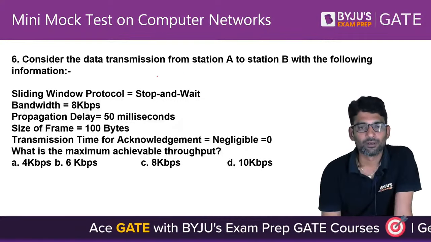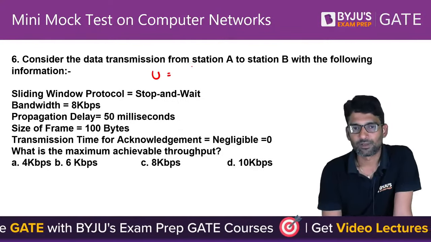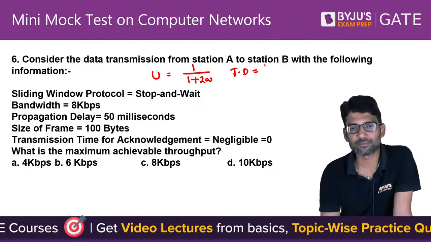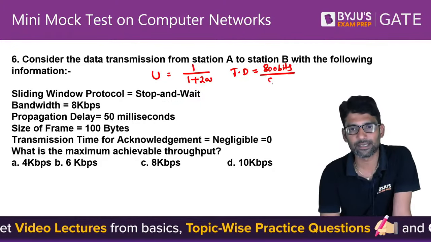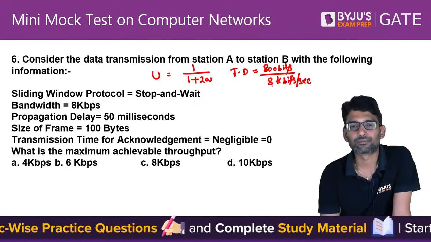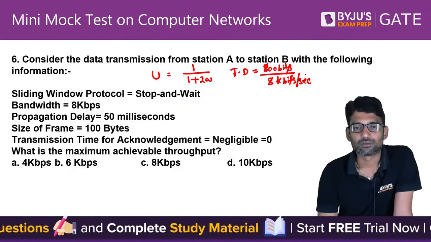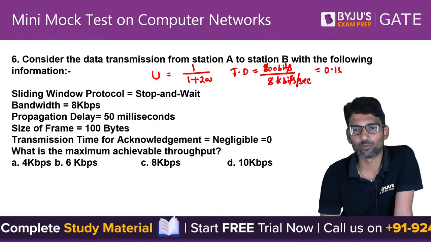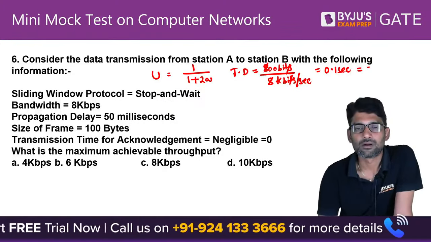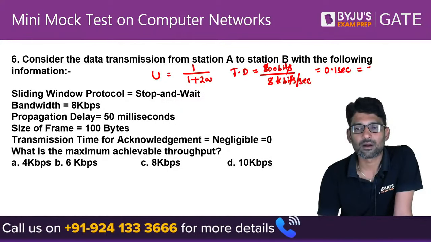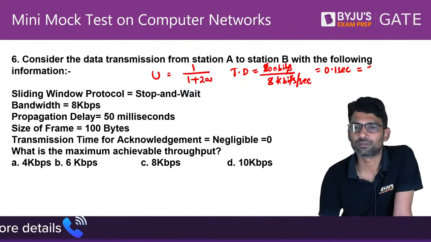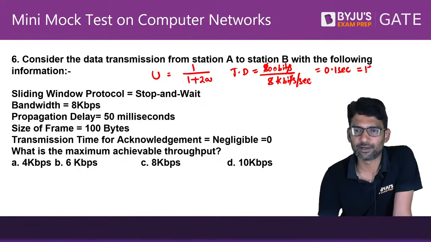First of all, utilization must be 100%. So 1 by 1 plus 2a. Transmission delay is frame size by bandwidth, that is 800 bits divided by 8 kilobits per second. So this is 100 by 1000, 0.1 seconds, or else I can say 100 milliseconds.